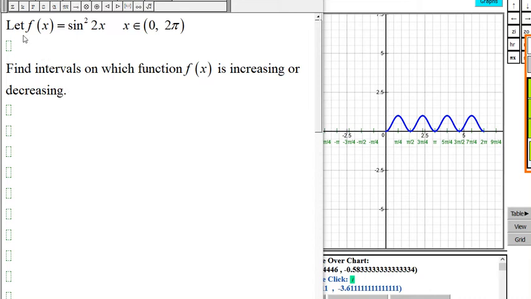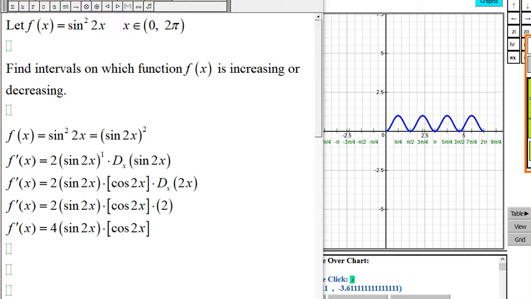And so first, we find the critical numbers so that we can identify the intervals of increasing and decreasing. And to find the critical numbers, first we find the derivative of sine squared of 2x. Let's rewrite it as sine of 2x, squared.